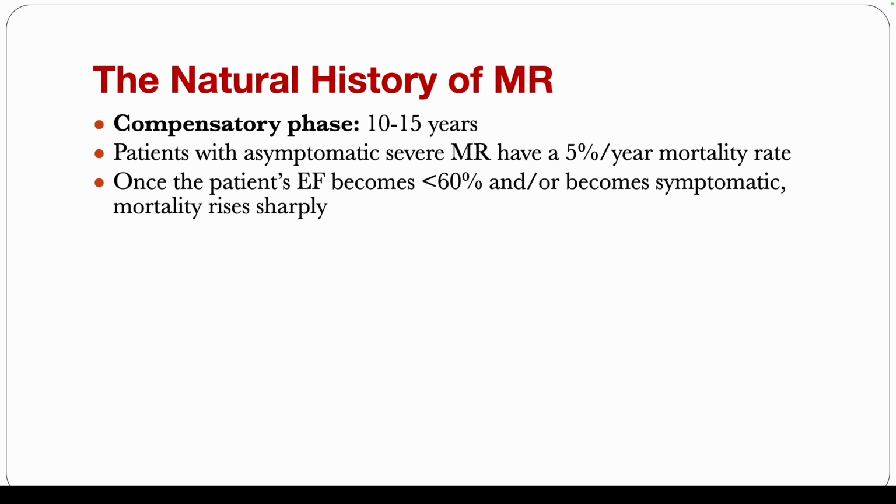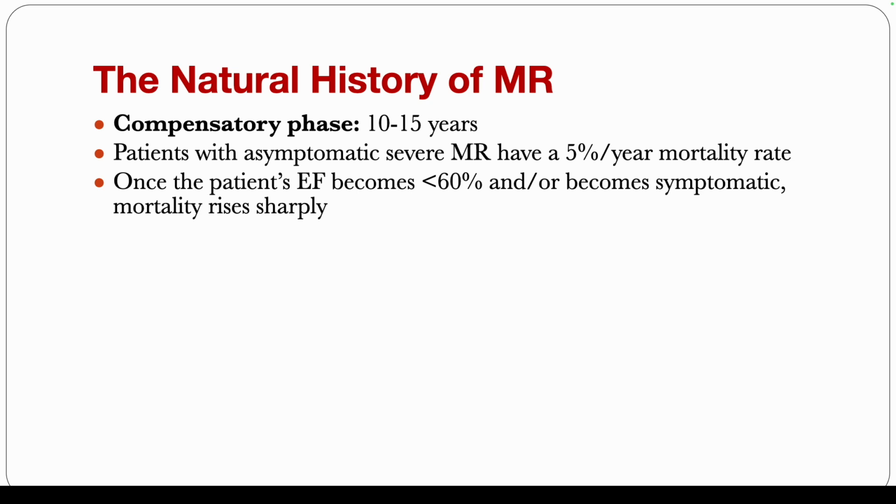What happens in MR is that the ejection fraction starts increasing. Ejection fraction may go to 70%, 80% for compensation because there is a lot of volume in the LA and LV. When the LV starts becoming weak, the ejection fraction starts dropping and it comes to 60% or less than 60%. It means the patient is going to have symptoms. Normal people have a 60% ejection fraction, they do not have any symptoms, they are normal.